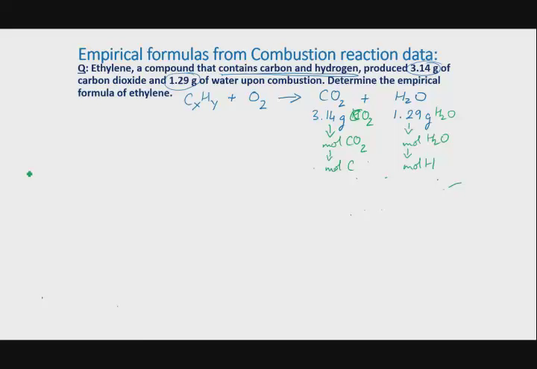We need to convert 3.14 grams of CO2. First, grams of CO2 goes to moles of CO2, and then moles of CO2 goes to moles of carbon in CO2. Now if you look at the numbers, the molar mass of CO2, 1 mole, molar mass of CO2 is 44.01 grams.